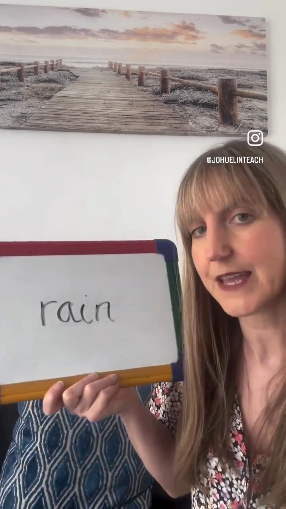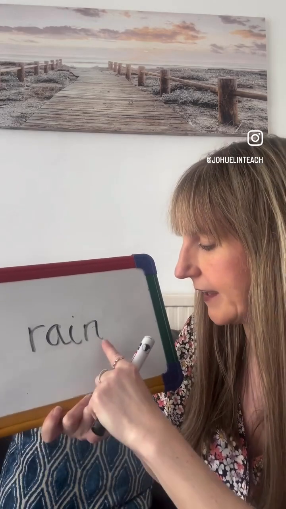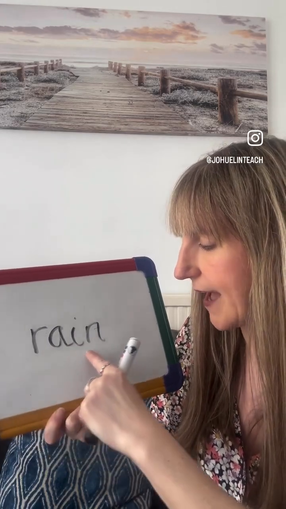So if I write down a word, even though children have been learning their digraphs and trigraphs, they may not be able to spot them in a word. And if they see this word, they may say a, n, rein. But that's not a word.